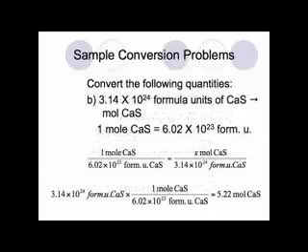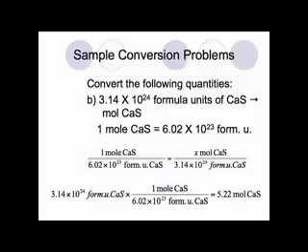My next problem, I want to convert 3.14 times 10 to the 24th formula units of calcium sulfide to moles of calcium sulfide, and I know that in 1 mole of calcium sulfide there are 6.02 times 10 to the 23rd formula units. Now, I set up my ratio.